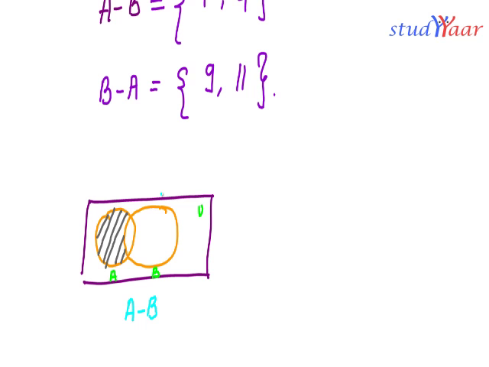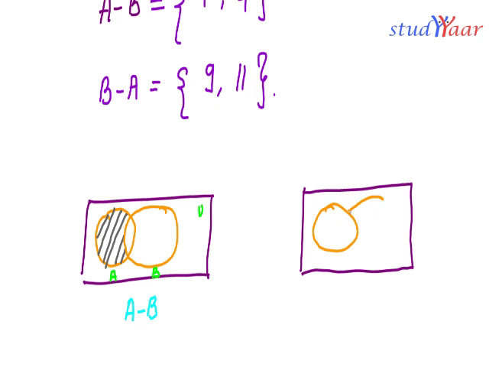And what would be B minus A? B minus A is going to be this. I have my universal set. Let us suppose I have A over here, I have B over here. Then my B minus A is all the elements or the region present in B but outside of A. So it is going to be this region.